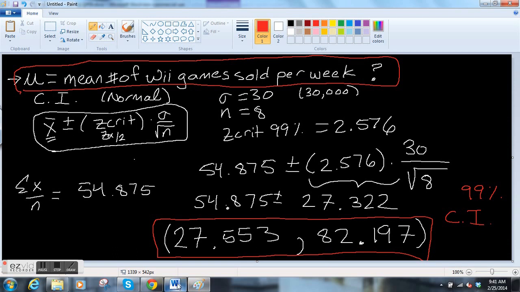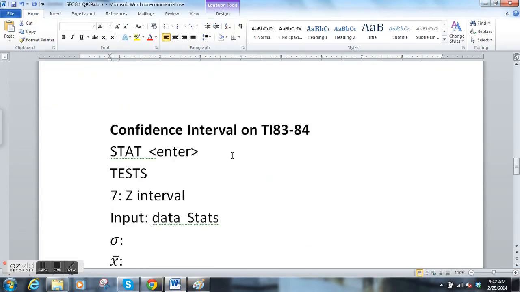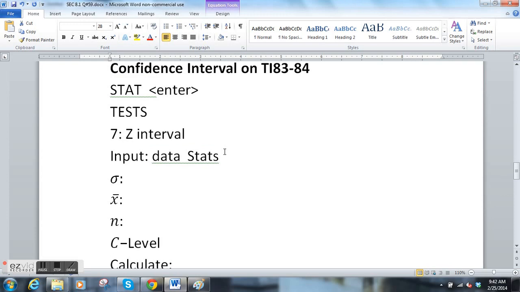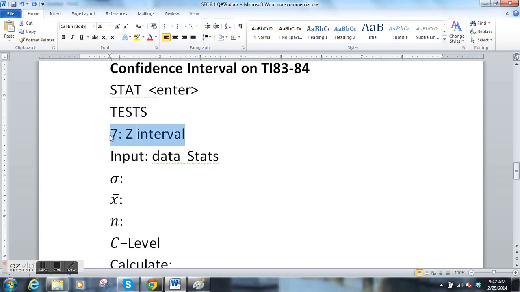So here it is. To find the confidence interval on the calculator, this is how you would do it. You would go to stat and then hit enter, and then you go over to tests, and then you go over to 7, which is z interval, 7 ZInterval, and then for input you want to hit data or stats. I'd probably use stats because I think it's a little bit easier.